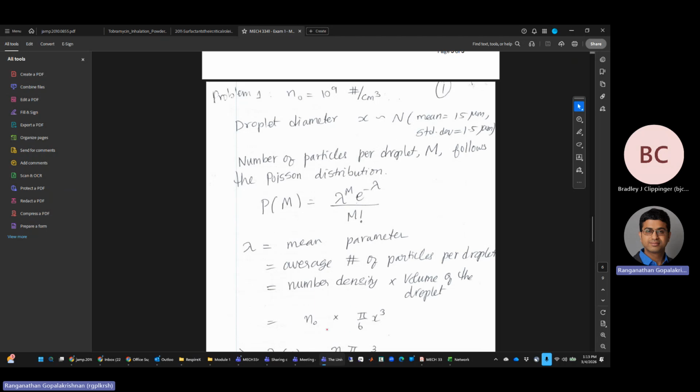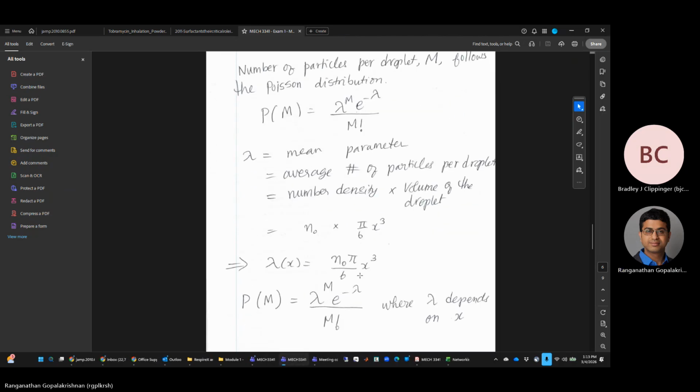You make a larger droplet, lambda will be larger. You make a smaller droplet, it will be smaller. So instead of plugging in a fixed value for the diameter, which I'm calling x here, I just leave it as a symbol, x cubed, making lambda itself a function of the diameter, or x.